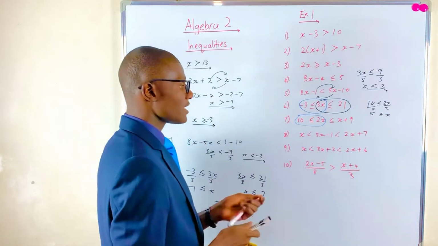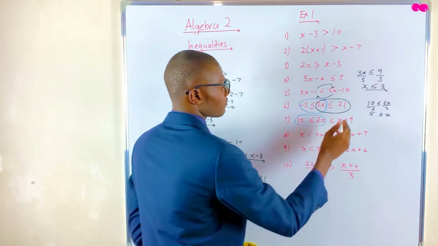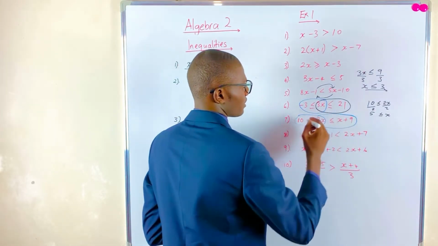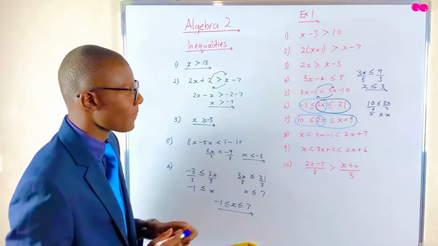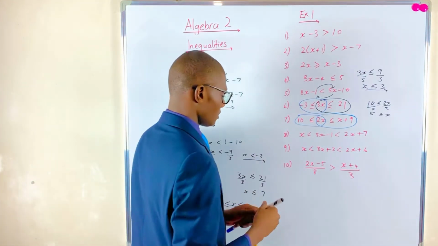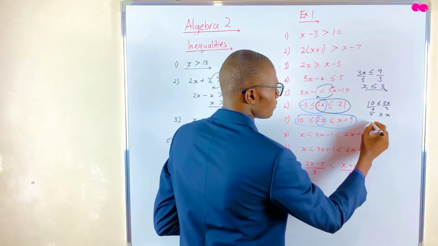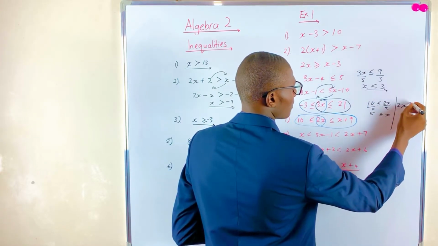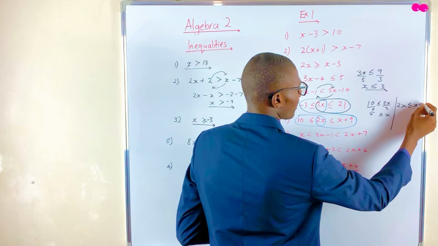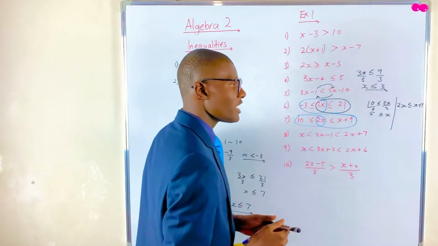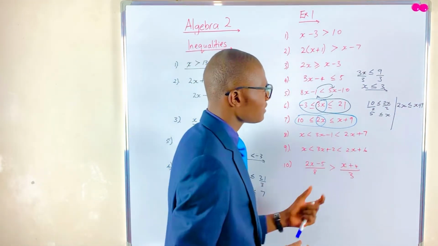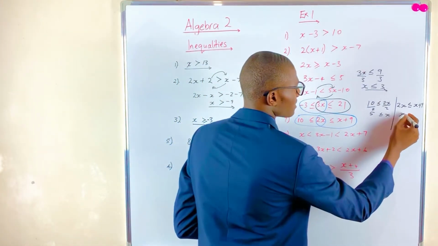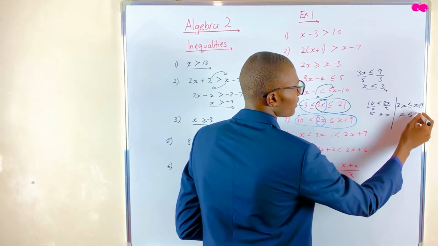Then for the second set, we've got 2x less than or equal to x plus 9. If we take x to the left hand side, we have 2x minus x, which gives us an x that is less than or equal to 9.